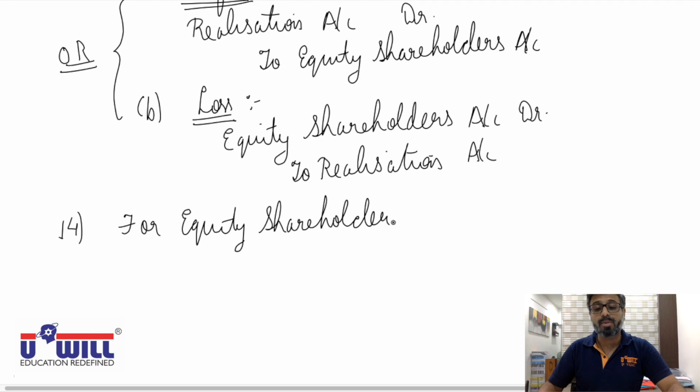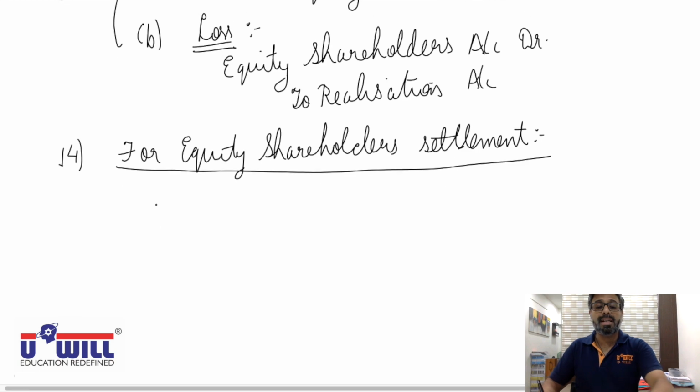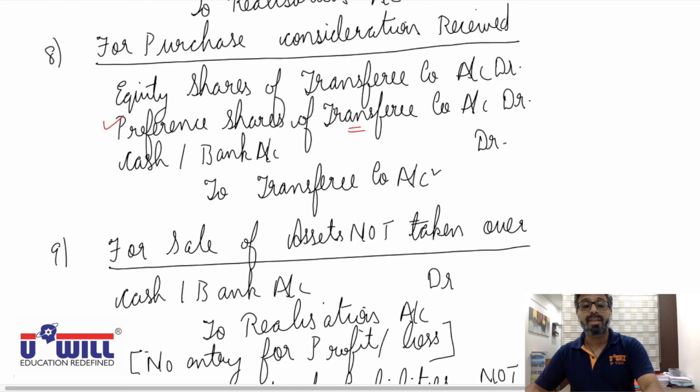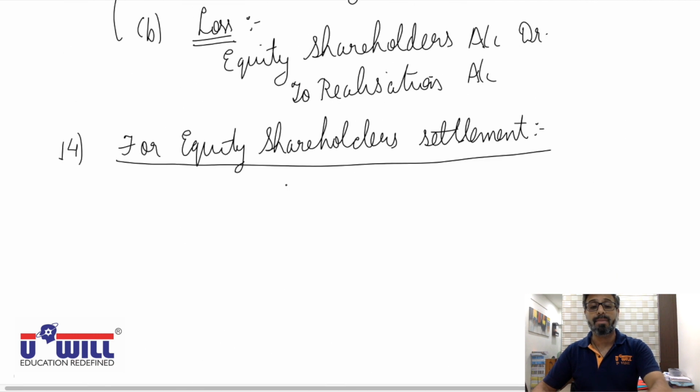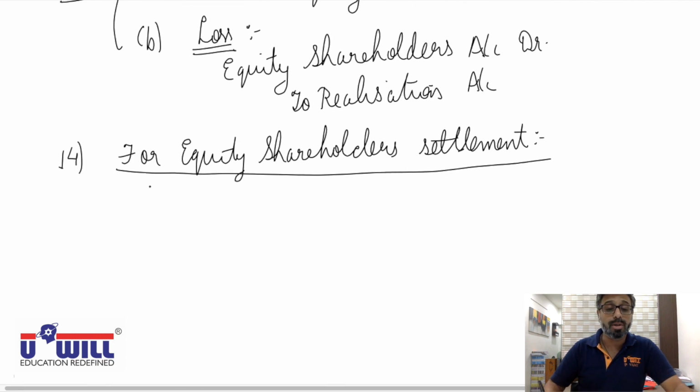And lastly, the main owners of the company, equity shareholders settlement. Finally we have to settle the equity shareholders. All others are settled now. Equity shareholders settlement means what are we going to give them? We will be giving them the equity shares we received from the new company, and the cash we received from the new company, plus if any surplus cash is remaining in the company, that also will go to equity shareholders.